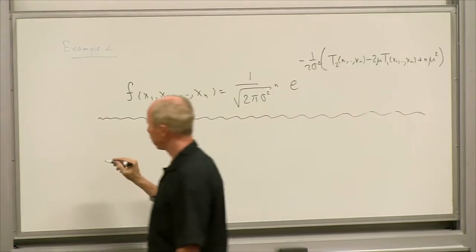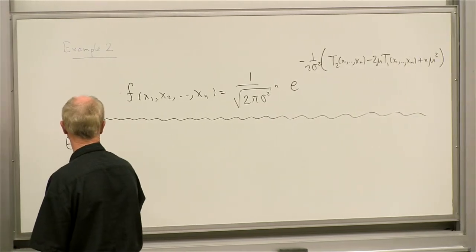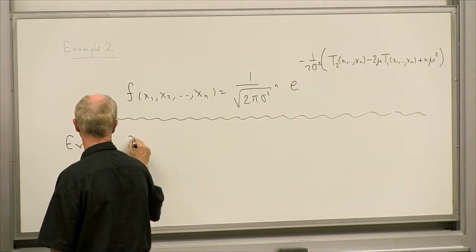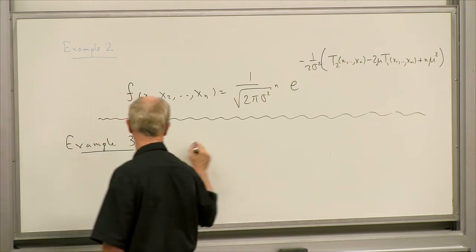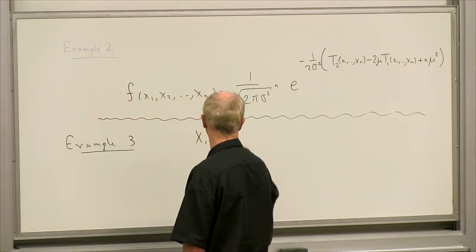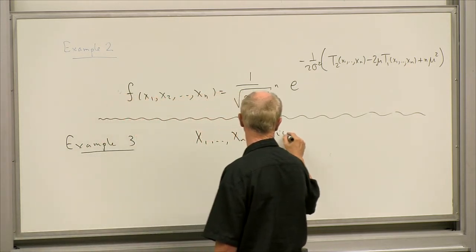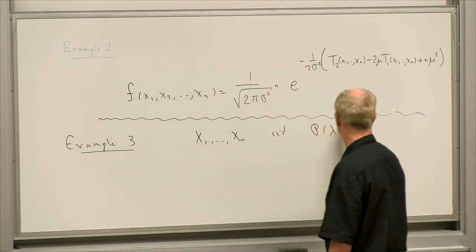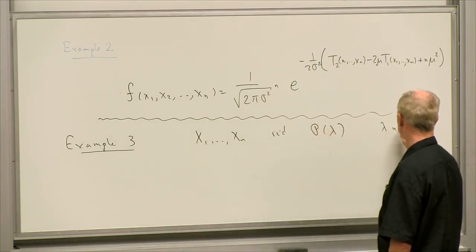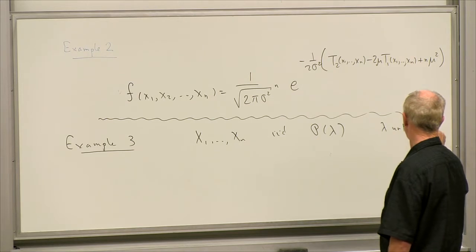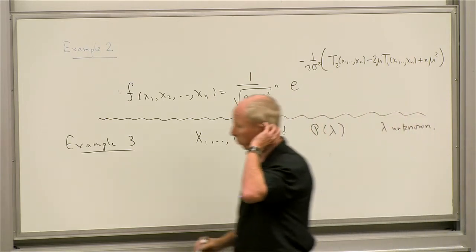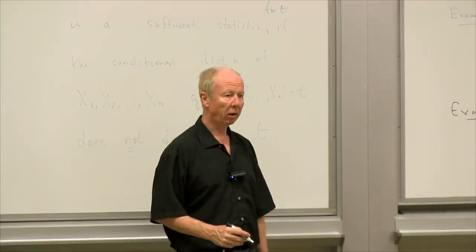Let's do another one. Let's consider Poisson, and lambda is unknown, of course. I think we computed the MLE for Poisson, and it was x bar.